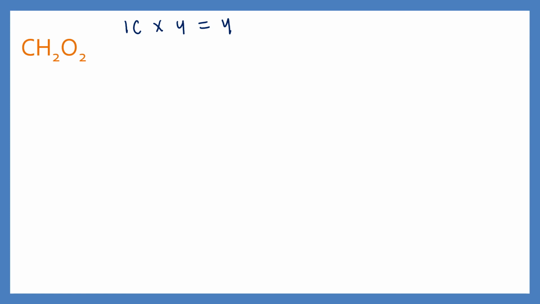That gives us a total of 4 from carbon. We have 2 hydrogens times 1 valence electron each, gives us 2. And we have 2 oxygens. We're going to draw those far apart this time so it doesn't look like 20. 2 oxygen atoms times 6 valence electrons each gives us 12. So if we add all this up, we get 18 valence electrons.